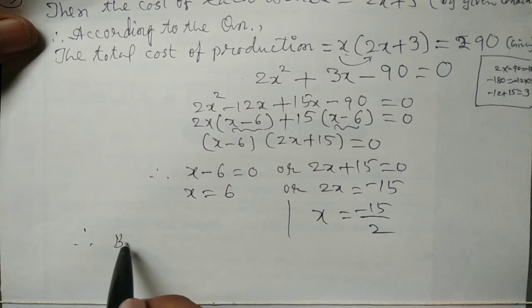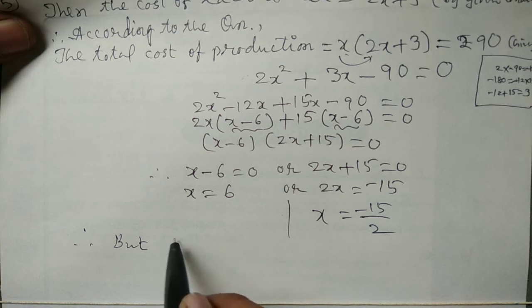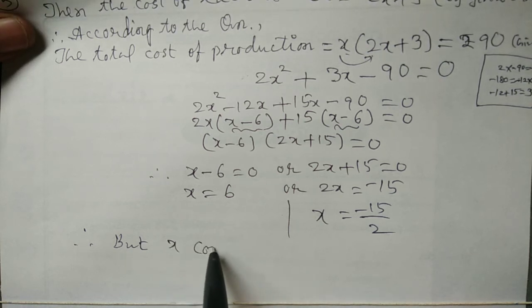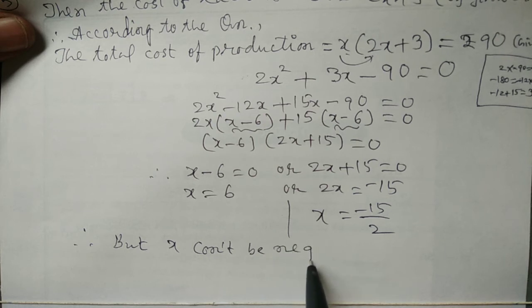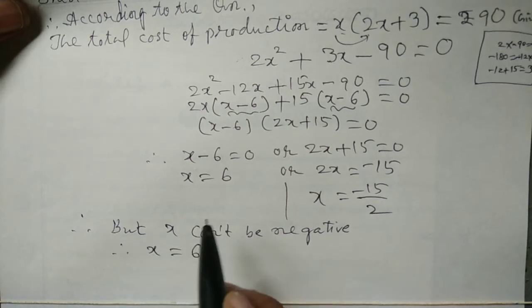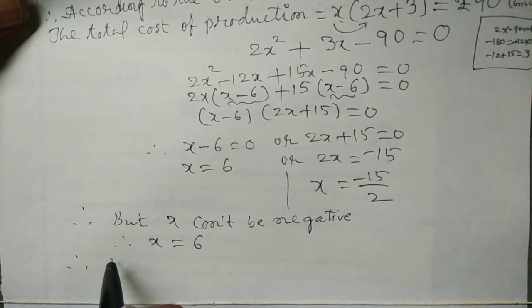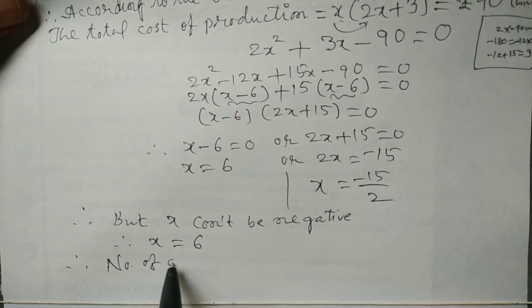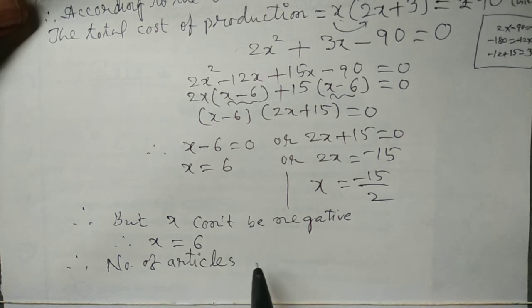But x can't be negative. Therefore x is equal to 6 only. x means number of articles. Number of articles is x.